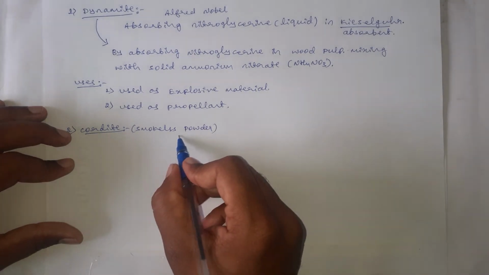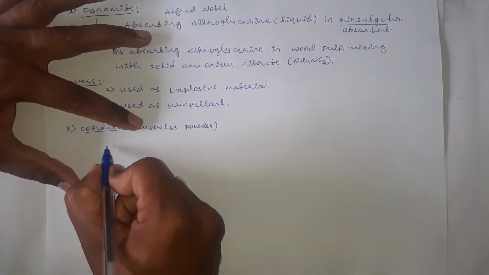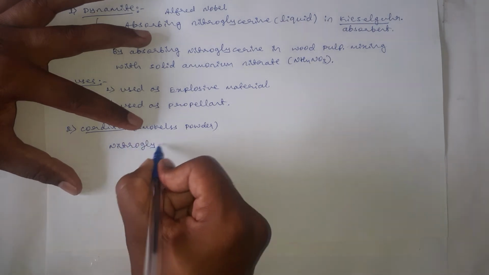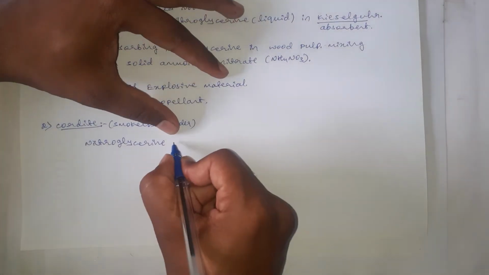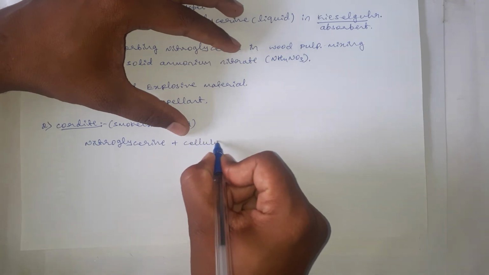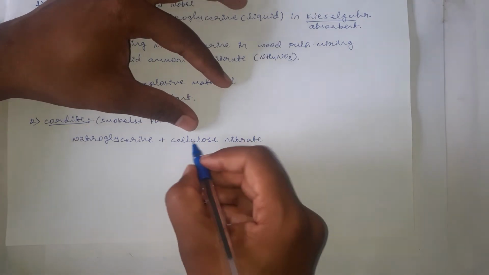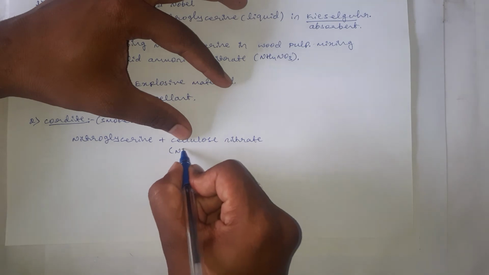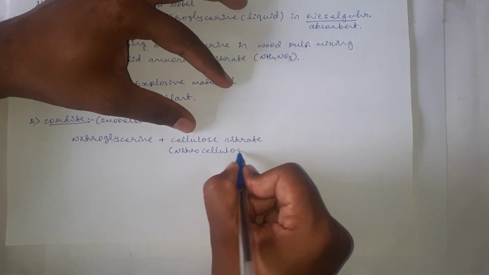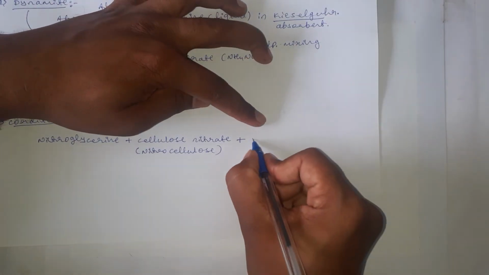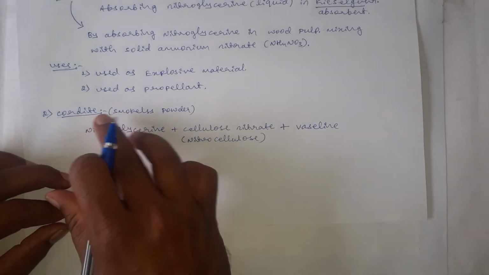Here I am writing the composition of this cordite: nitroglycerin plus cellulose nitrate, which we can also call nitrocellulose, and Vaseline. This is the composition of cordite or smokeless powder.